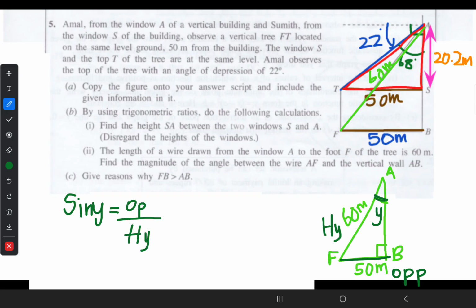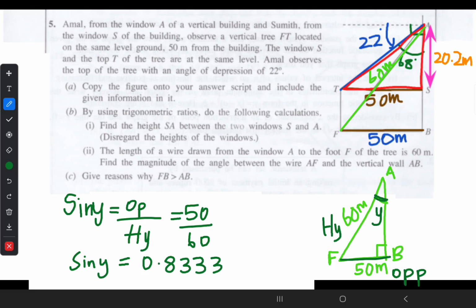The opposite side is 50 and the hypotenuse is 60. So sine y would be 50 divided by 60, that is 0.833.